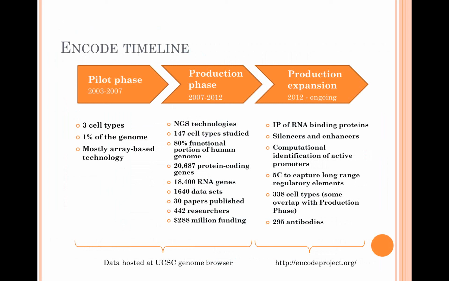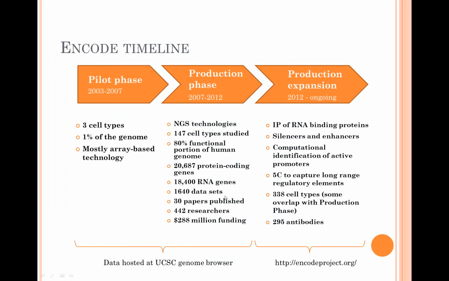They mostly adopted next-generation sequencing technology and expanded the cell types to 147. And at the end of this phase, they claim that 80% of the functional portion of the human genome has been annotated, and the data they collected cover over 2,000 protein coding genes and over 18,000 RNA genes.